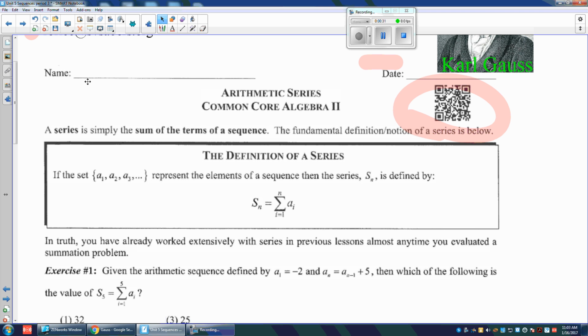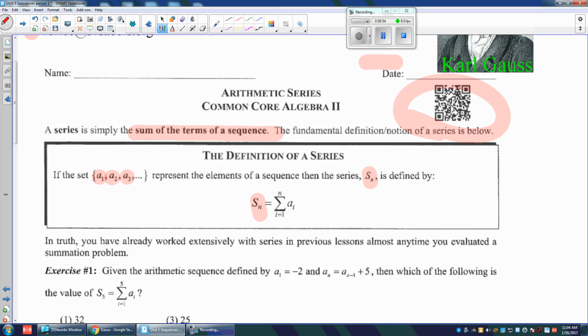A series, by definition, is simply the sum of the terms of a sequence. The fundamental definition of a series is below. Now that's kind of difficult to read because it's math speak, but we have a set of numbers, and we're going to call it S sub n.